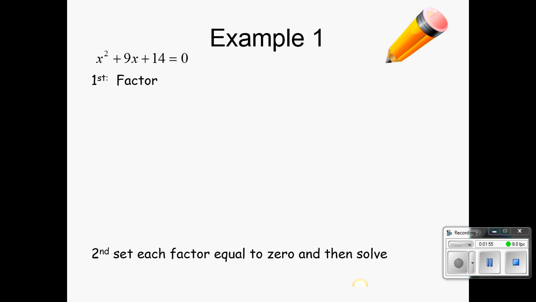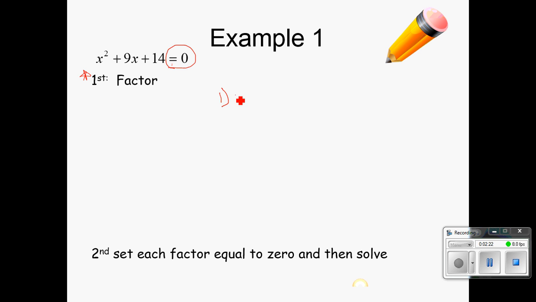When we factored the last 2 days, we had expressions. We didn't have equations. Now that we have an equation, we have to find x. All right, so first and foremost, we're always going to make sure that we are set equal to 0. If you don't have it set equal to 0, then get everything on one side and have it set equal to 0. Then we're going to factor.